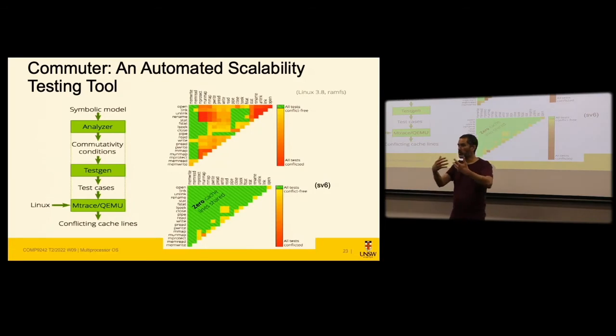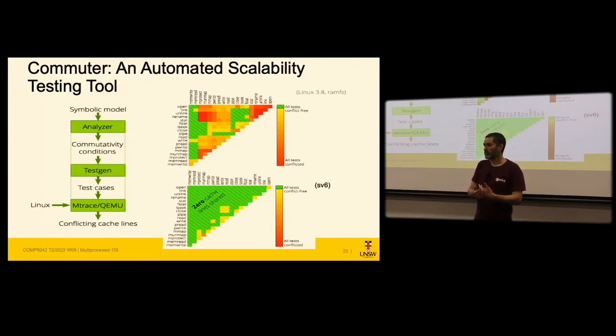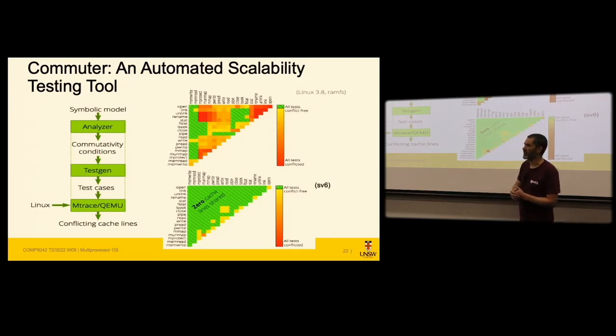And so it'll run these operations in parallel concurrently and look at the cache usage and see if there are any conflicting cache lines or not. Because if there are, that means there's some sharing going on. And then it can say, well, these operations are commutative, they shouldn't have any sharing. But if they do, you know there's problems, and that's where you can look at fixing things. If there isn't any sharing, then don't bother with that stuff.